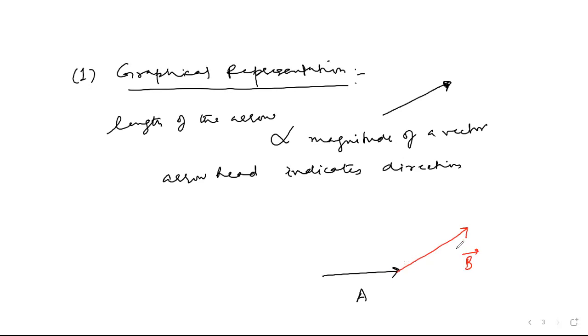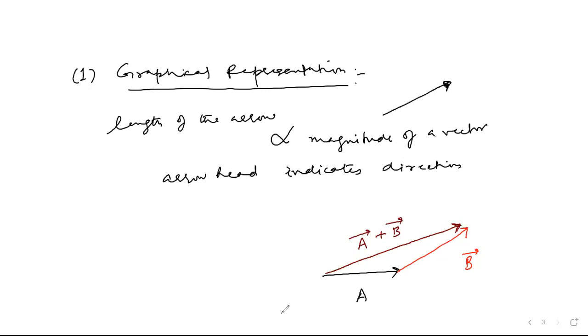So how do we add them, how do we find the vector which represents their sum? What we do, we place the tail of one vector on the tip of another vector, then the vector from the tail of first, that is this vector, to the tip of second vector, this is the sum. This is A plus B.